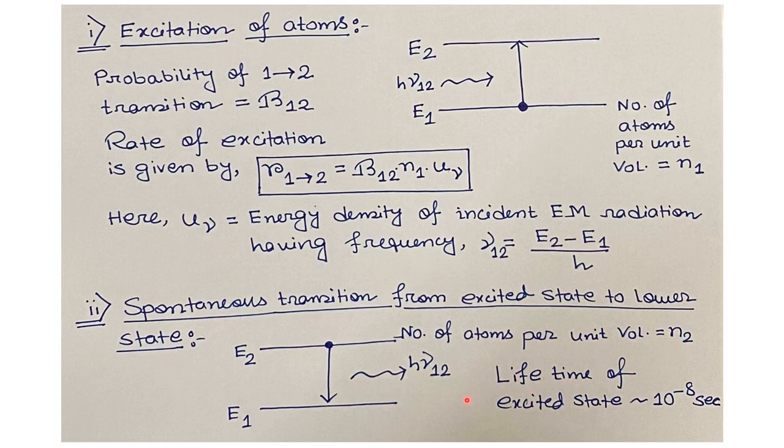The lifetime of the excited state is around 10 to the power minus 8 seconds. This is the time scale up to which the atoms can stay at the high energy level after excitation. And when the atoms come to the ground state after the excitation, they will release the energy h nu 12.